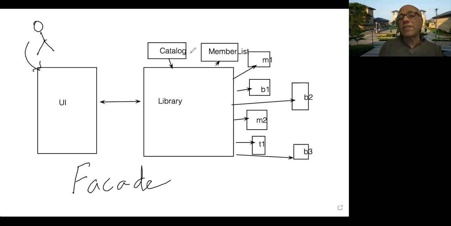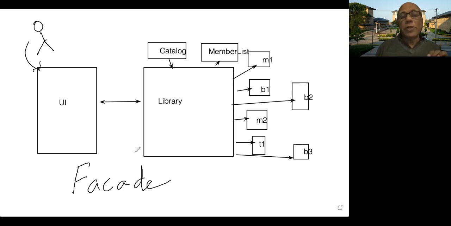And behind the facade, there is a whole set of objects that have a complicated relationship, and none of that complexity is visible to the UI. The UI is simply seeing these operations, add book, issue book, return book, and so on.